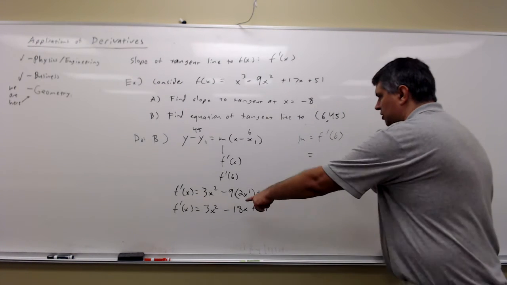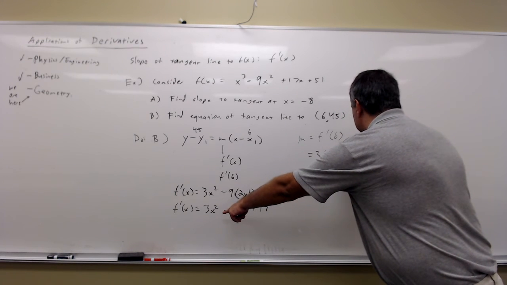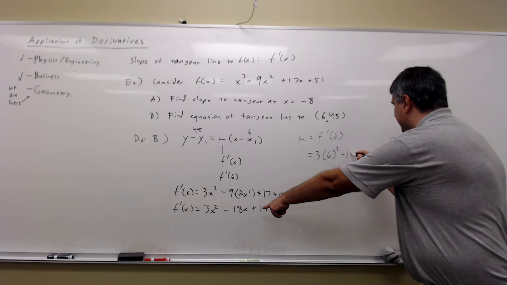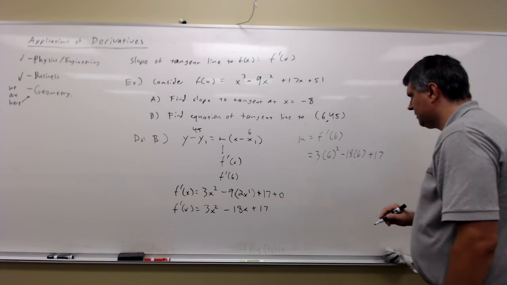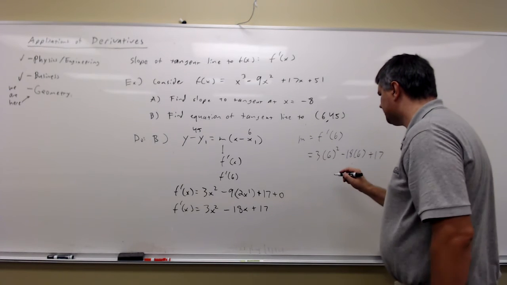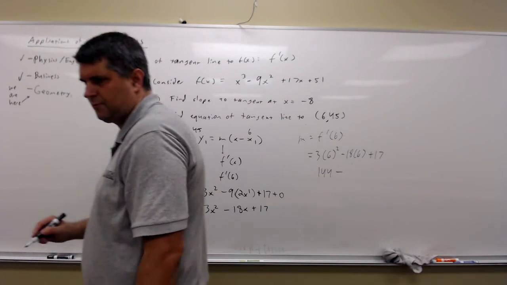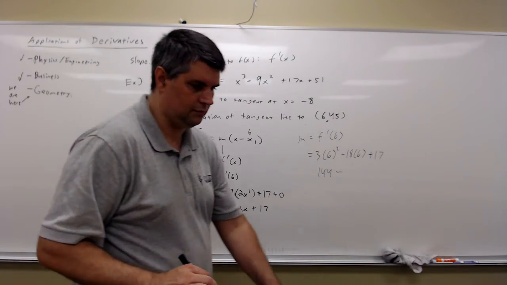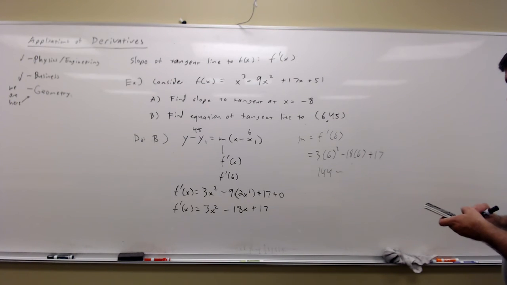f prime of 6 would be 3 times 6 squared minus 18 times 6 plus 17. So 6 squared is 36. 36 times 3 is 144. I believe 18 times 6 is also 144.